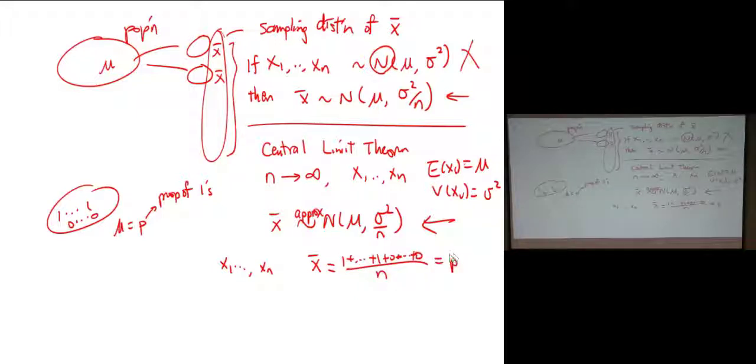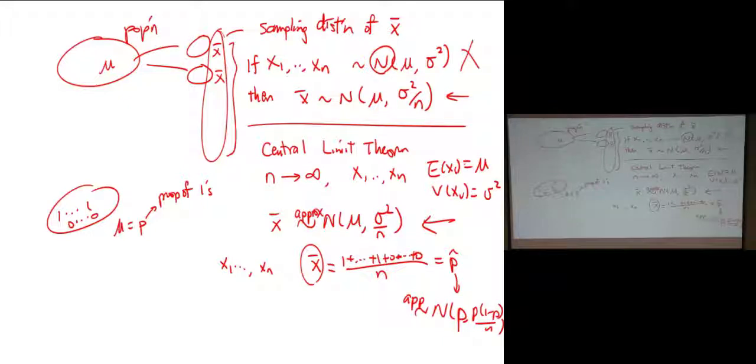This is P hat, or the average: how many ones are there divided by the total number of observations in the sample. So it's P hat. Now, by the central limit theorem, this is x bar. Therefore, this P hat approximately follows a normal distribution with mean equal to P. And in fact, we can also prove that the variance is P(1 minus P) over n.